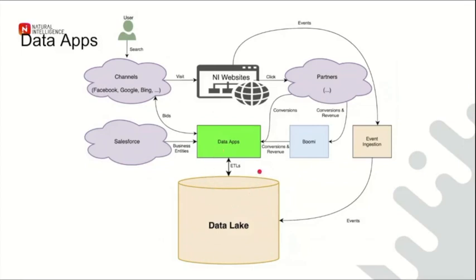Basically, we have ETLs which copy data from applicative databases for these apps to our data lake. Other types of data we have is business entities, which are managed on Salesforce by our business side of the company. And we have our event ingestion, which we mentioned before.